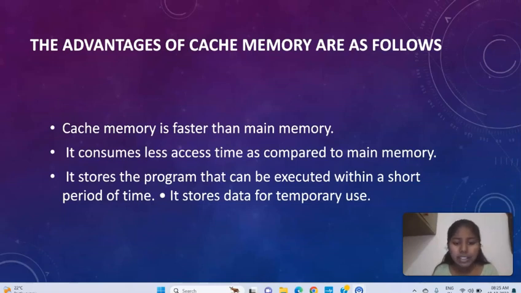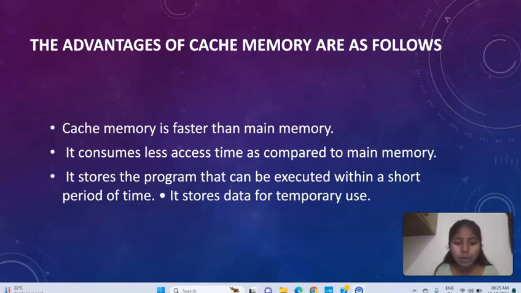It consumes less access time as compared to primary memory. When we give it any work, it will be finished in less time.